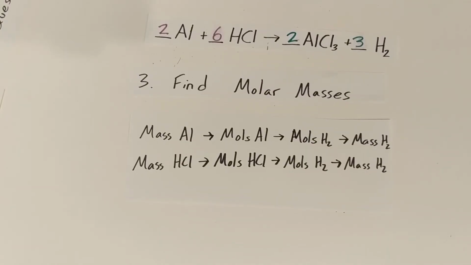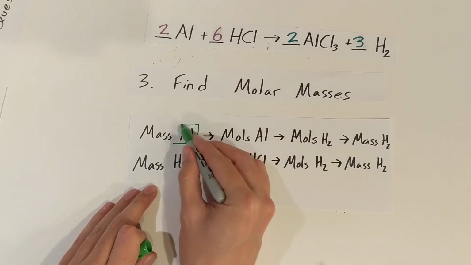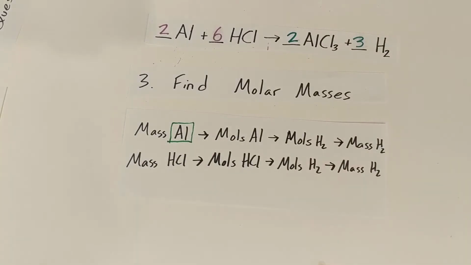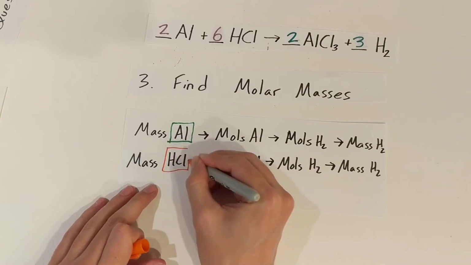Let me get some different colors for this. We have mass of aluminum. So we have to find the molar mass of aluminum. We will also have to find the molar mass of HCl.